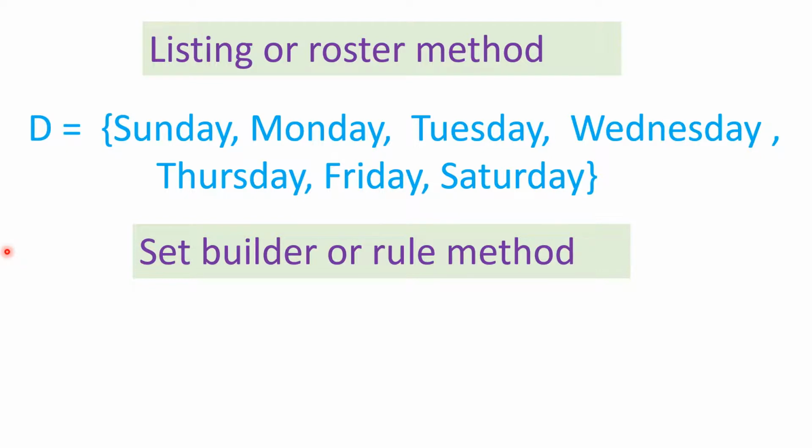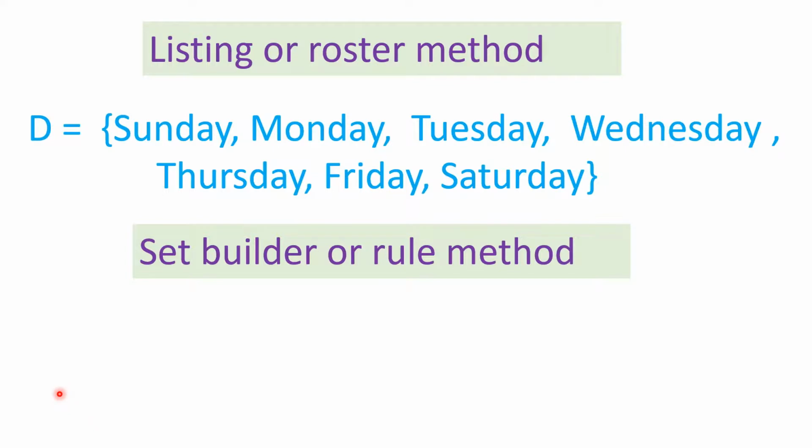All 7 days are present in set D. So that gives us the rule to define this set. If an object needs a place in this set D, then it should be a day of the week. If x is a general representative of this set, then x is a day of the week.